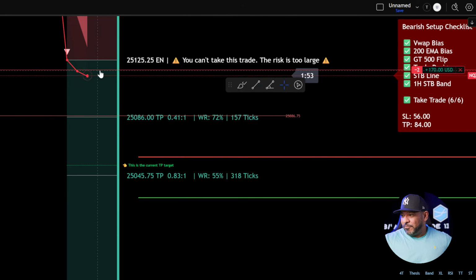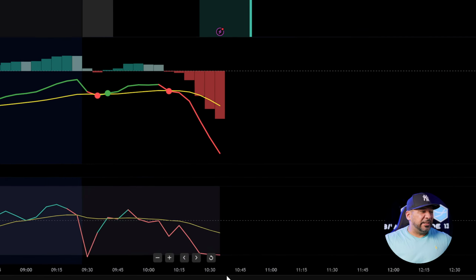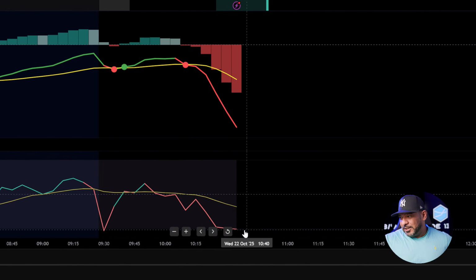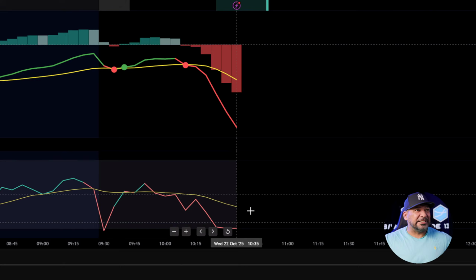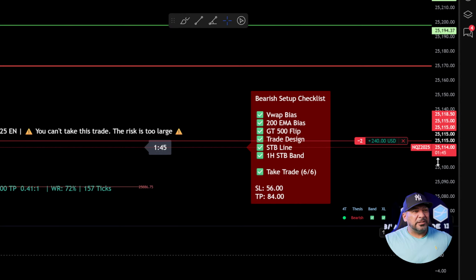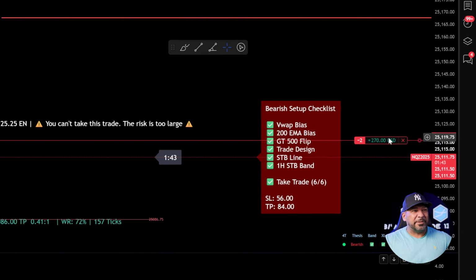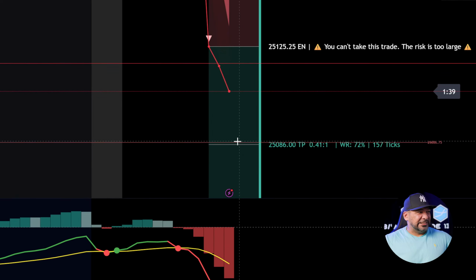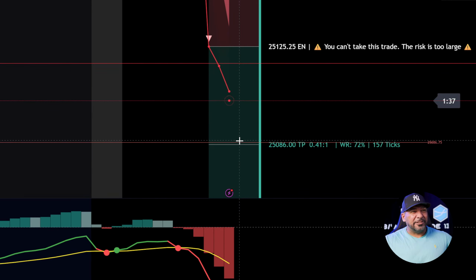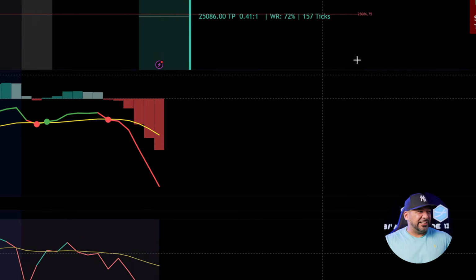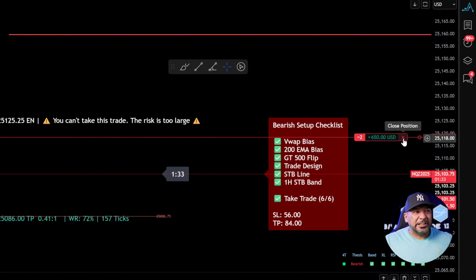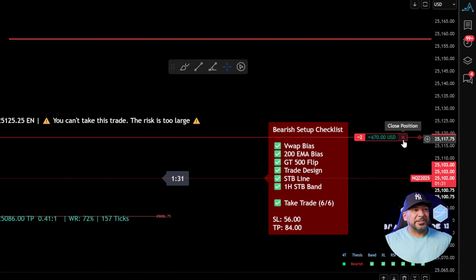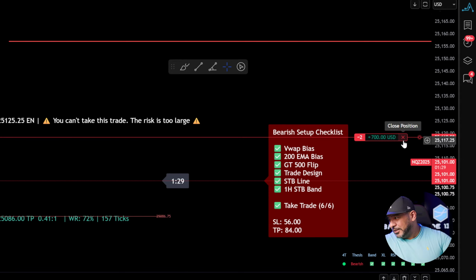But I'd rather get my entry up here, because it's extended down there. So I hope that makes sense to you guys, right? Like if you were going to get your entry down here and you were extended all the way, right? You know what I mean? So nice. There's a nice little scalp. We're gonna see how much money we make here. All right.